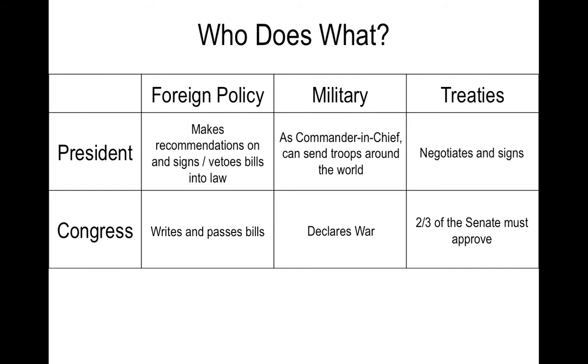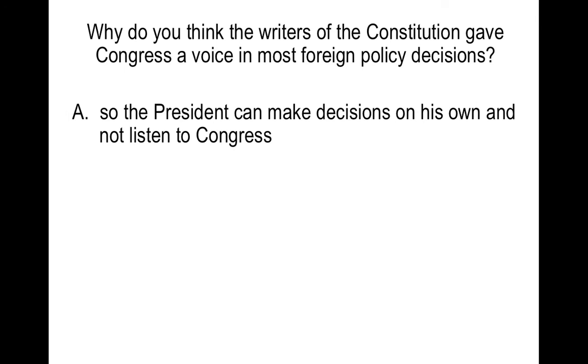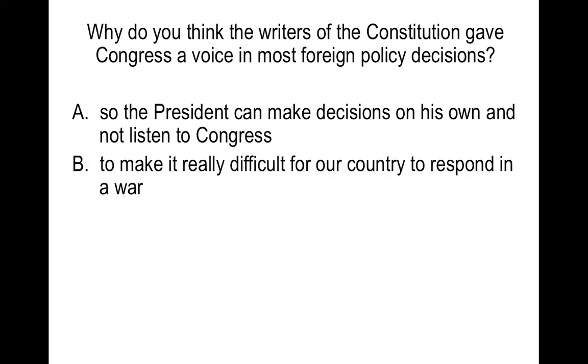All right. So now, why do you think the writers of the Constitution gave Congress a voice in most foreign policy decisions? Is it A, so the president can make decisions on his own and not listen to Congress? Is it B, to make it really difficult for our country to respond in a war?